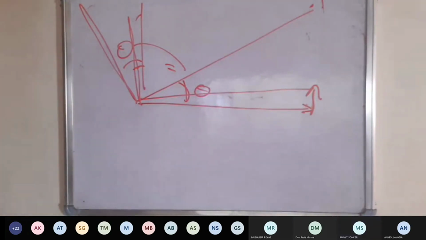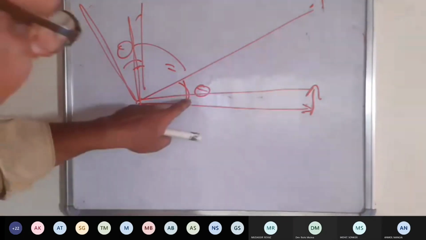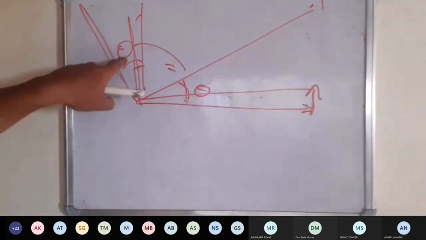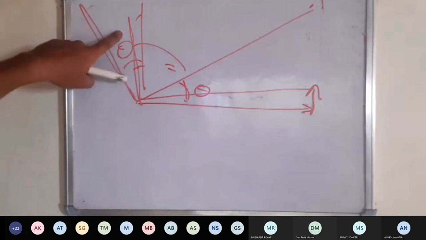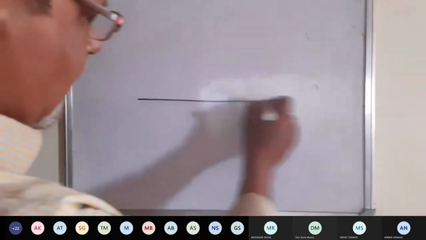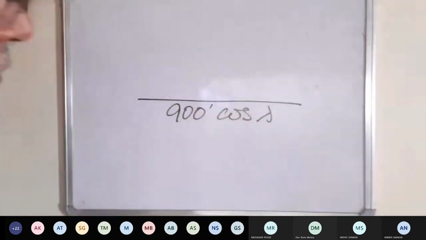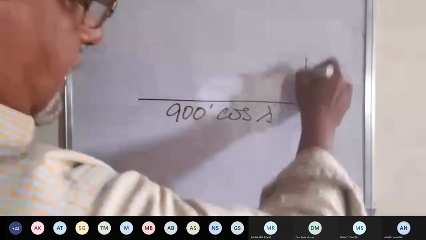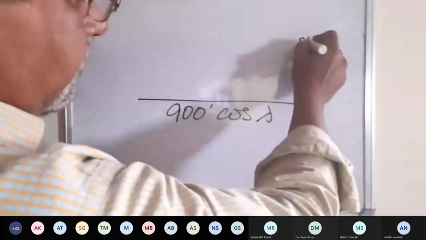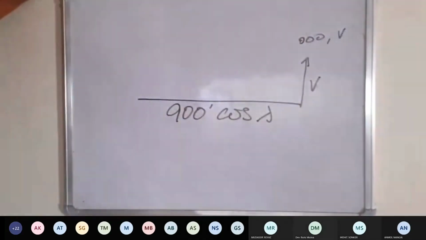Yes sir. All right. So now our challenge is to find out this value, which is equal to this value. This error is equivalent to this angle at the center here. So if we have this one as 900 cos latitude, the course is 000 at the speed v, that means this is v.